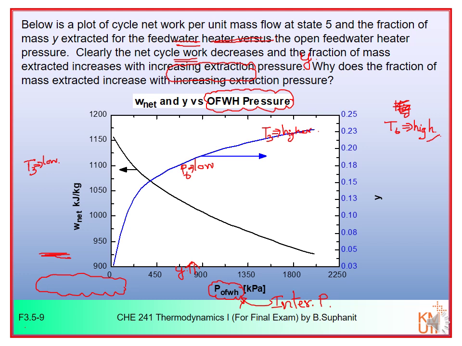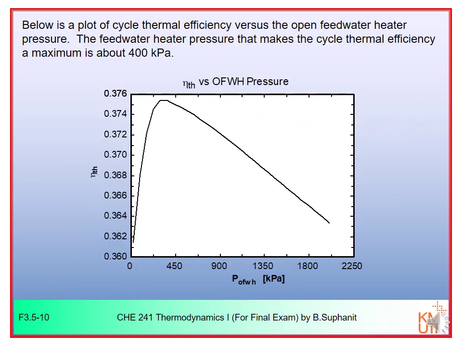So what would be the best value of the POFWH then? We have to look in terms of the cycle efficiency. If you plot the cycle efficiency against the POFWH, you find out that the curve will exhibit a maximum point at some pressure value.